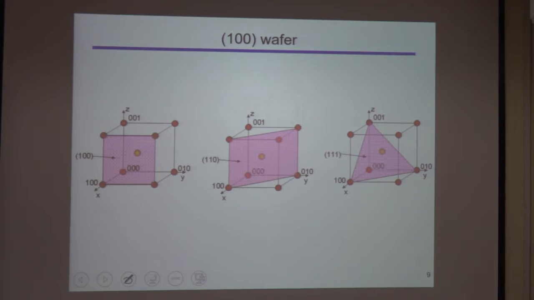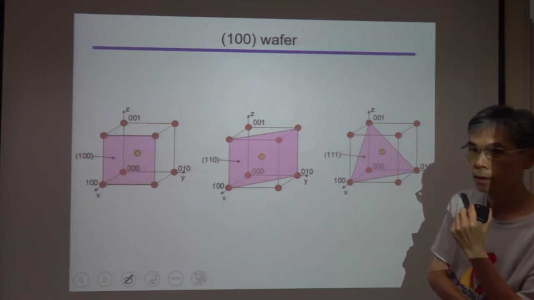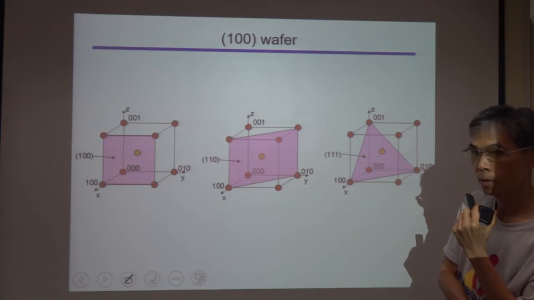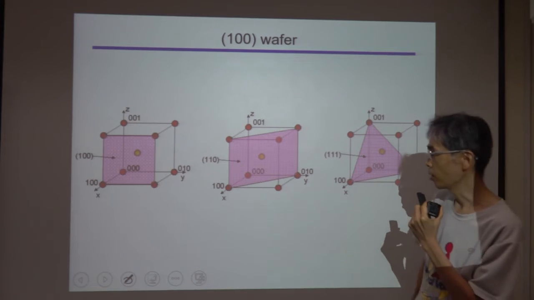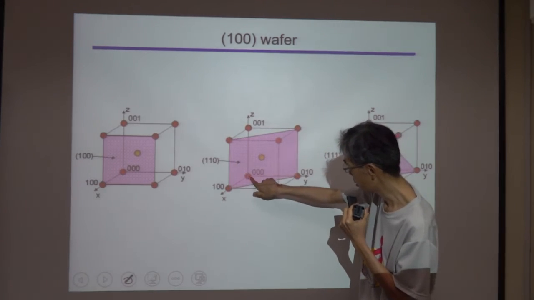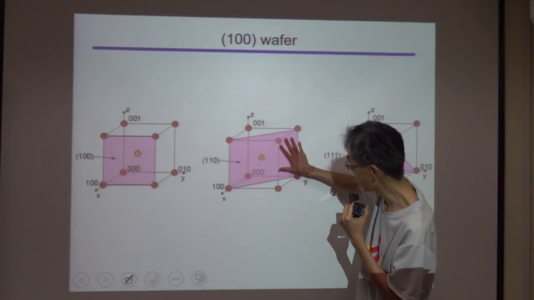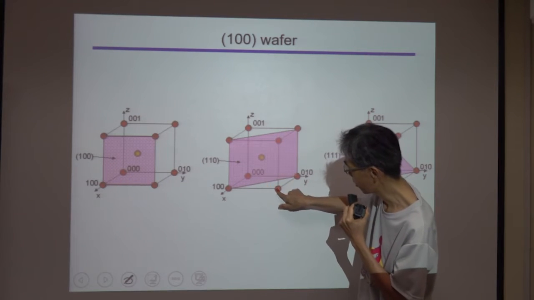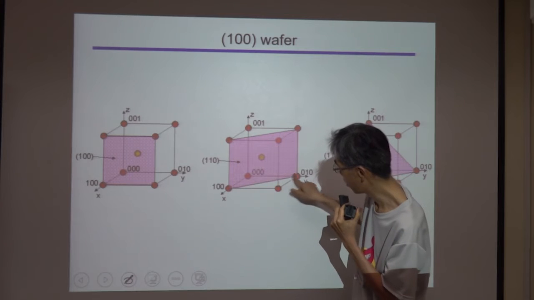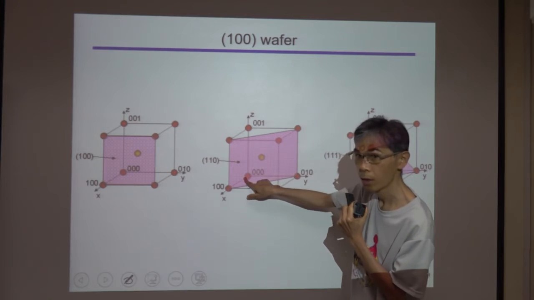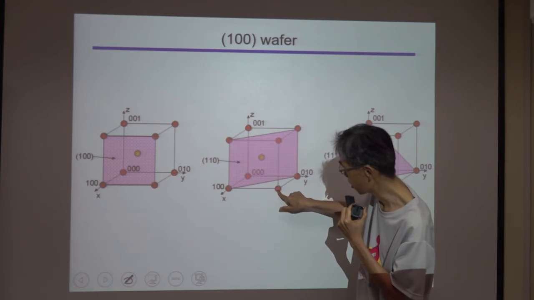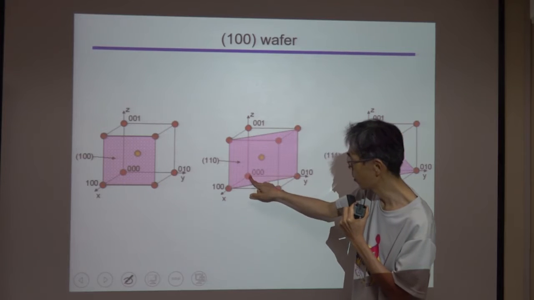Why is this one the 1, 1, 0 surface? Because the x has 1 and the y has 1, and 0 is nothing, so it's the 1, 1, 0 surface. The normal vector to this surface is this vector, and this vector is the 1, 1, 0 vector.